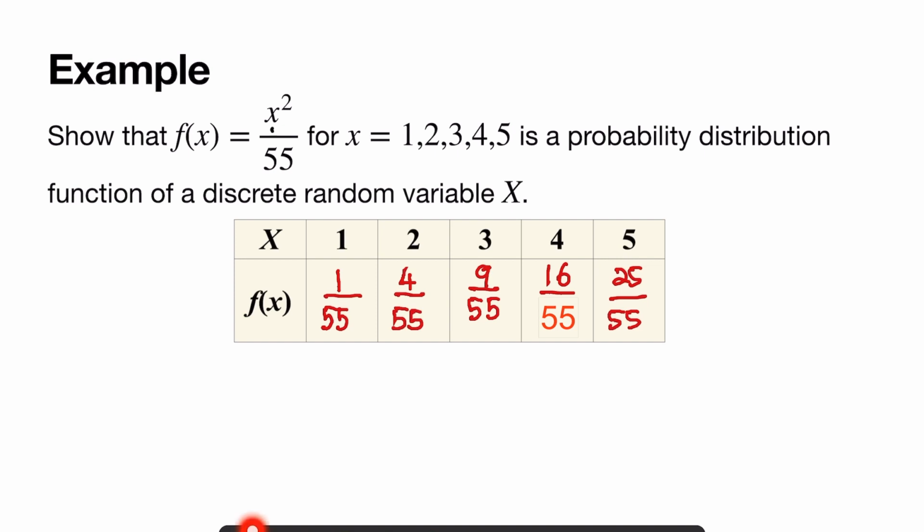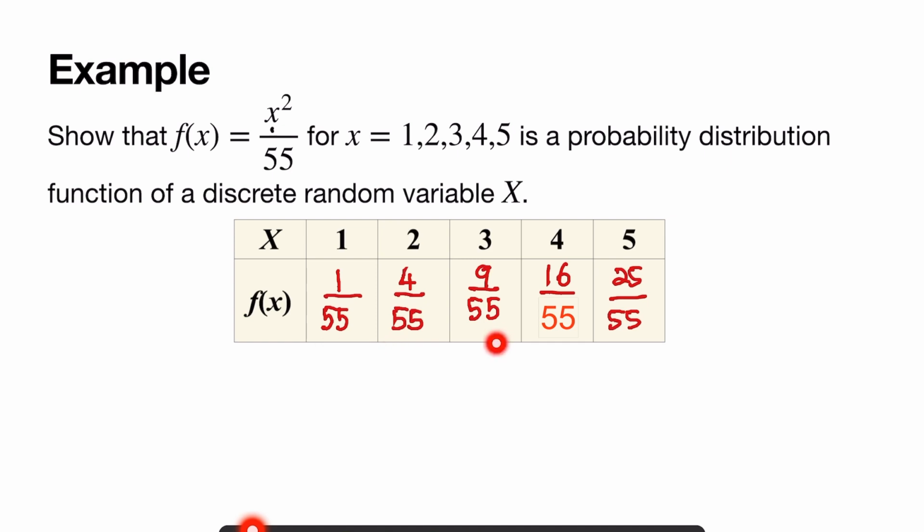Okay. Now look at our probability. The first characteristic. The first condition. Okay. What is the first condition? The probability must be between 0 and 1. Is 1 over 55 between 0 and 1, inclusively? Yes. 4 over 55, is it between 0 and 1?